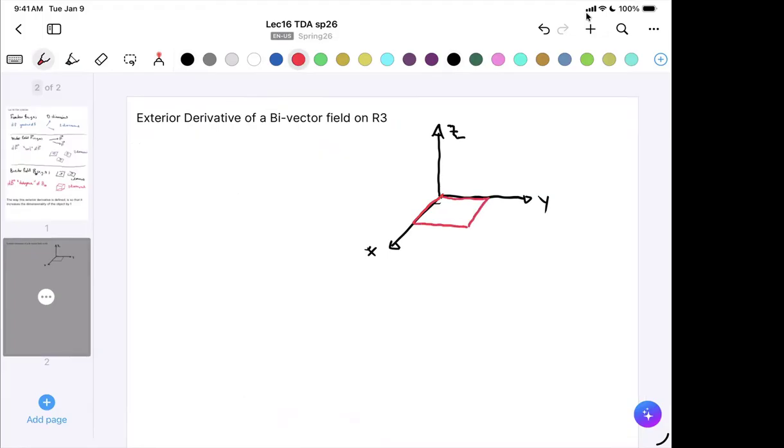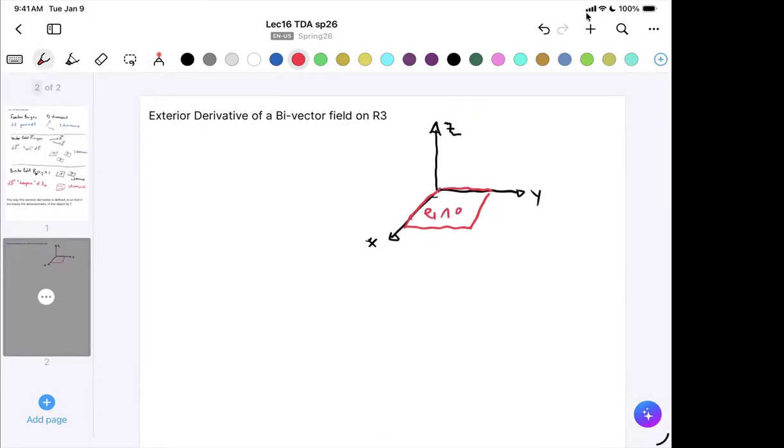What we were talking about last time is that on R3 you have three basic parallelograms, in the same way in which there are three basic unit directions: the x-axis, the y-axis, and the z-axis. The three main parallelograms are the ones on the xy plane, the xz plane, and the zy plane. The one on the xy plane is built out of E1 and E2, the i and j directions. So this is the one that I would call E1 wedge E2.